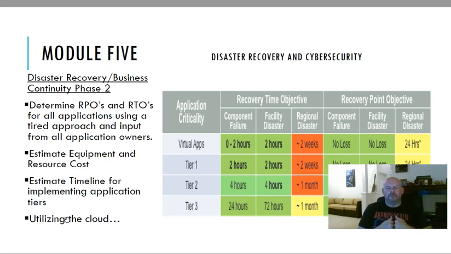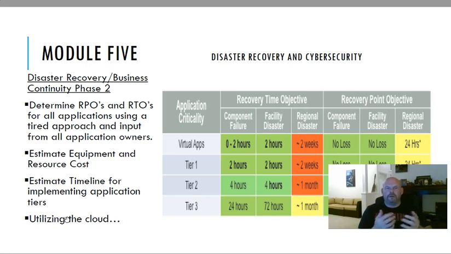Whereas if we go through to our tier 3, which would be like a learning management system or some of the not as business crucial systems, then it doesn't matter as much how long it takes to recover, just that we do eventually.